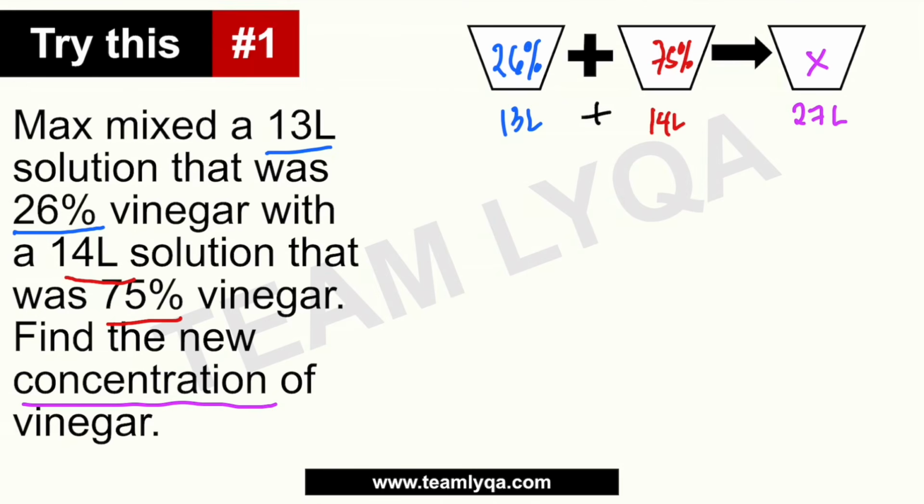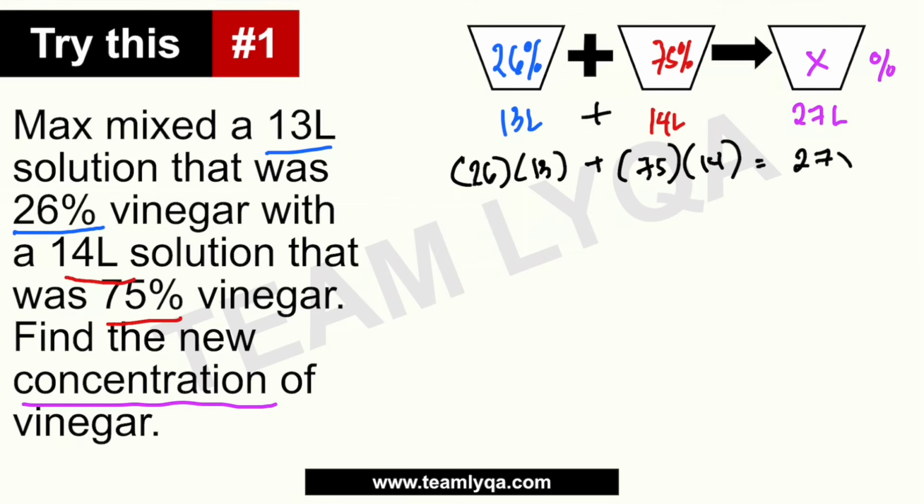So kung isusulat natin yung equation, itatabi ko muna yung percent, mamaya ko na siya idadagdag. Ang mangyayari dyan, 26 times 13 plus 75 times 14 is equal to 27x. Okay? So, isosolve na natin ito.